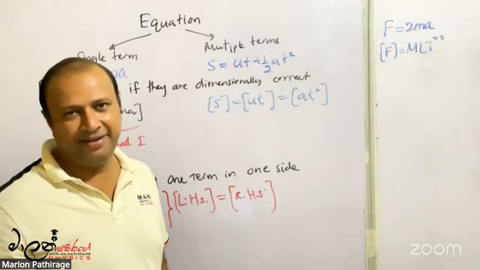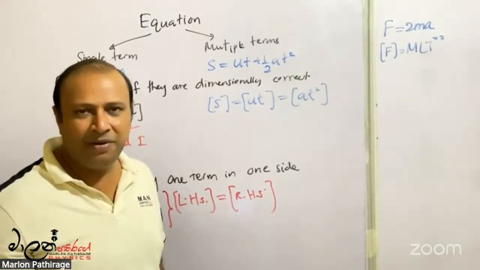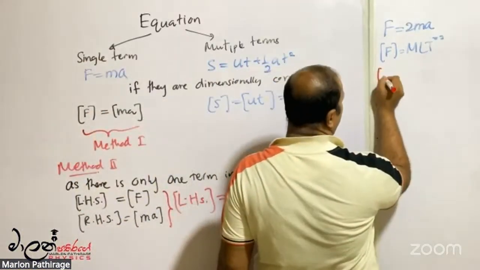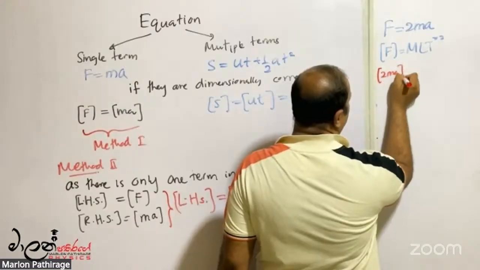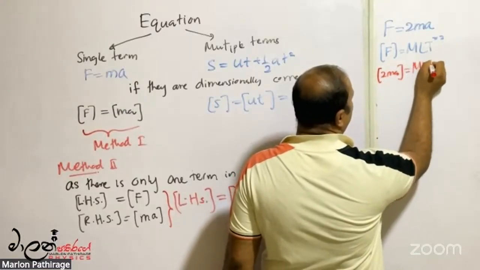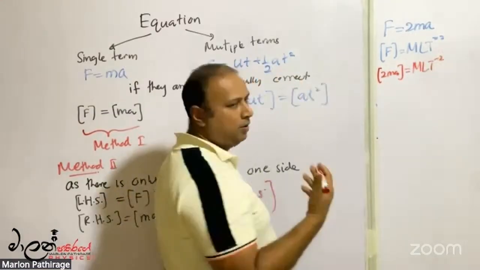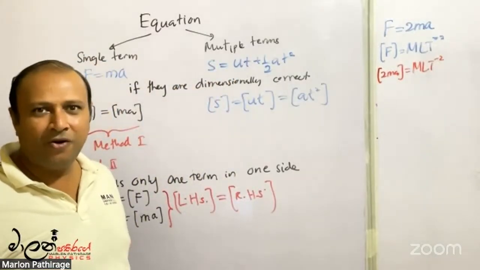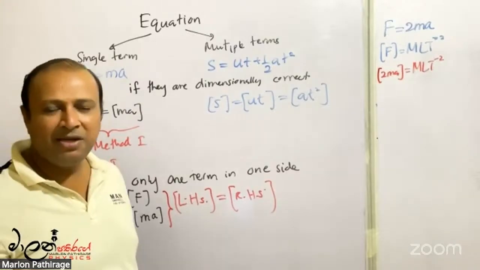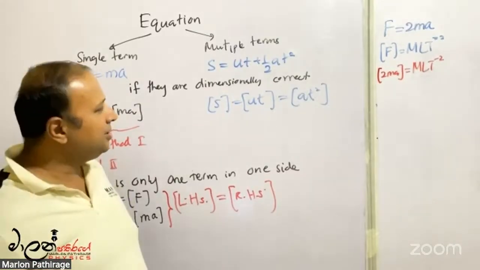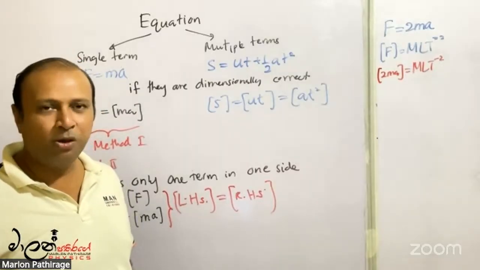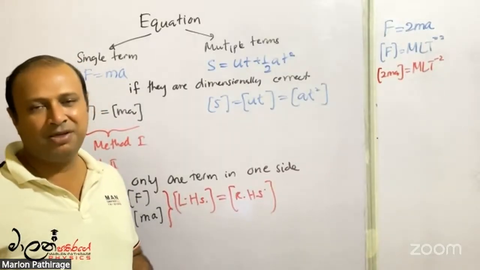So the dimension of the right-hand side, 2MA, is also MLT to the power minus 2. Therefore, the dimension of F and the dimension of 2MA are both MLT to the power minus 2. Both are equal in dimensions.